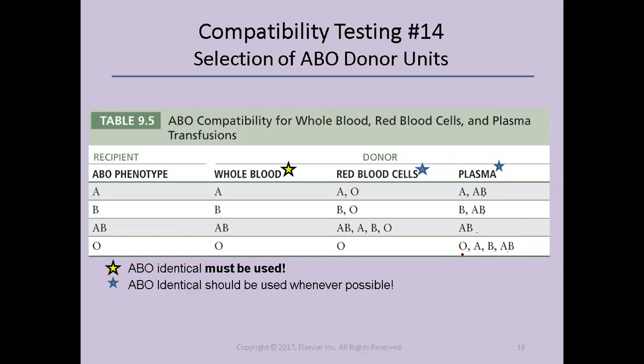Type O is the universal plasma recipient, because O has both anti-A and anti-B, naturally occurring ABO antibodies, so they won't be harmed by getting plasma from any of the other blood groups. So I hope that makes sense. That should be a review. We've talked about this previously.